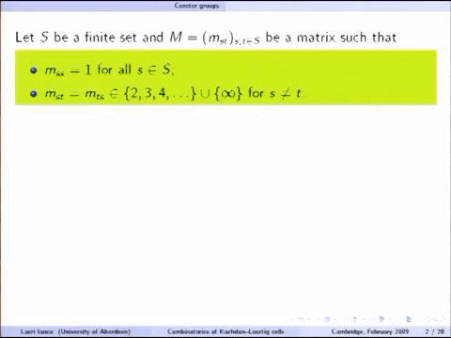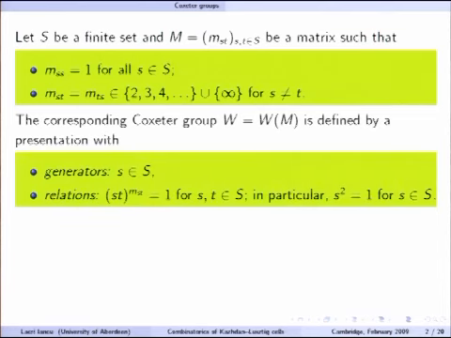So let me start by saying how we will look at Coxeter groups. We'll take S to be a finite set and a matrix consisting of integers and possibly infinite.